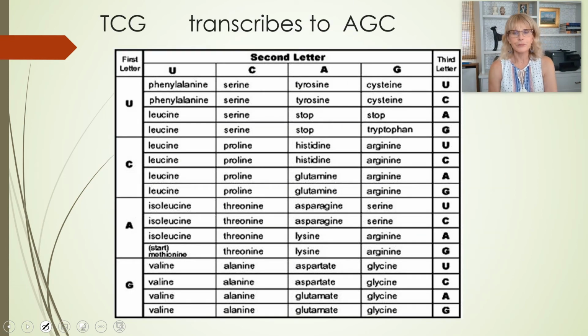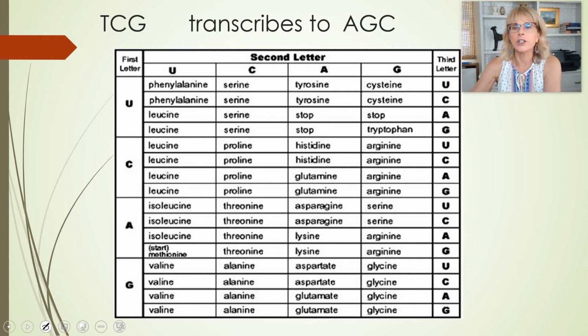Now, one of the things you're going to have to do on my quiz is to be able to take either DNA that I give you or messenger RNA that I give you and tell me the sequence of amino acids that is in that coded message. All right?